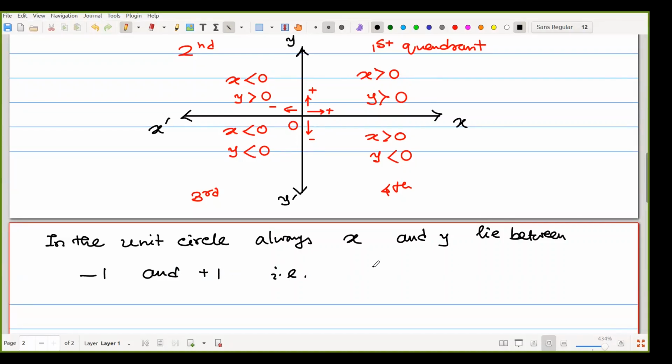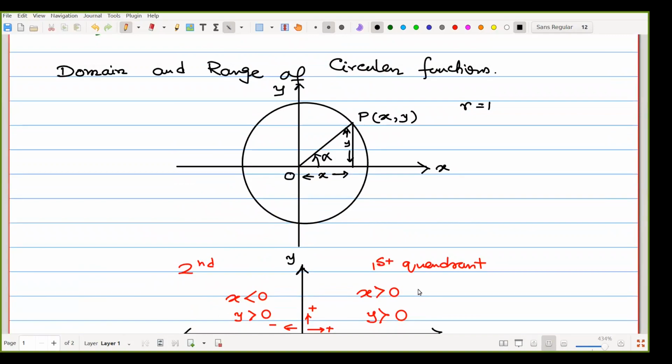That is -1 less than or equal to x less than or equal to 1, and -1 less than or equal to y less than or equal to 1. Once again, I am describing it.